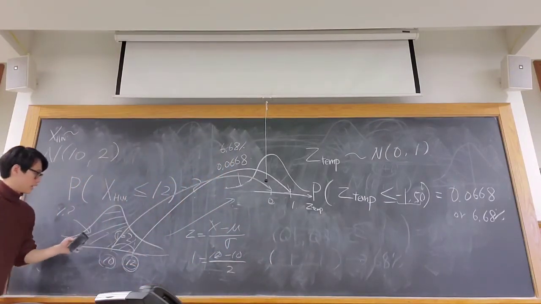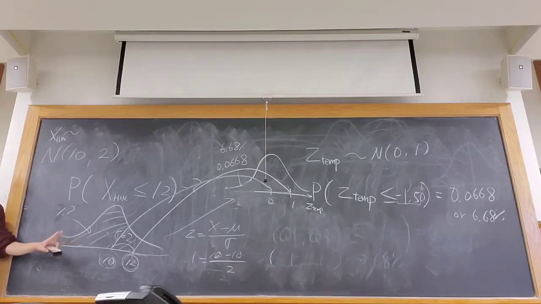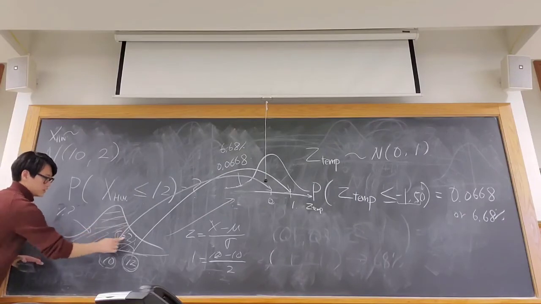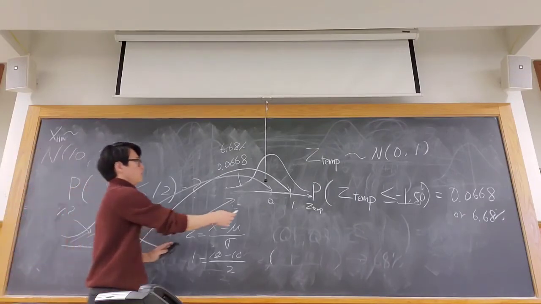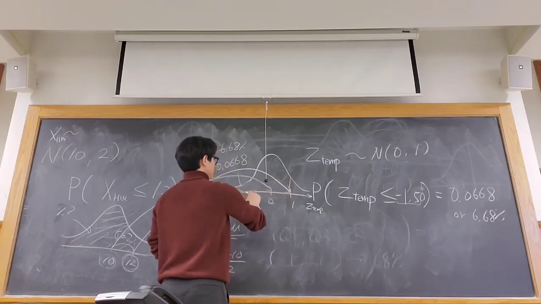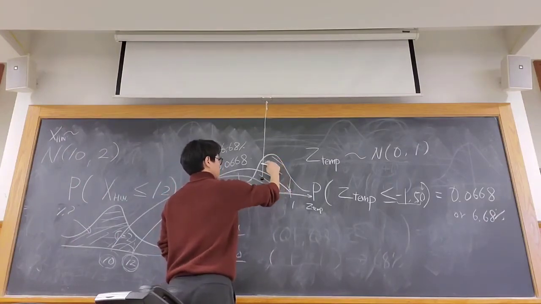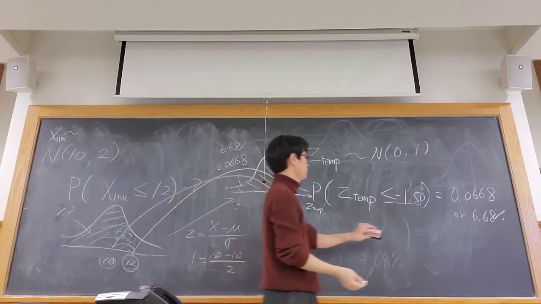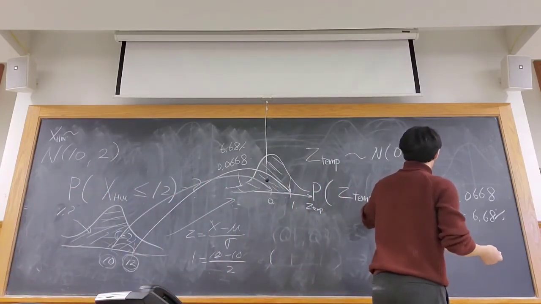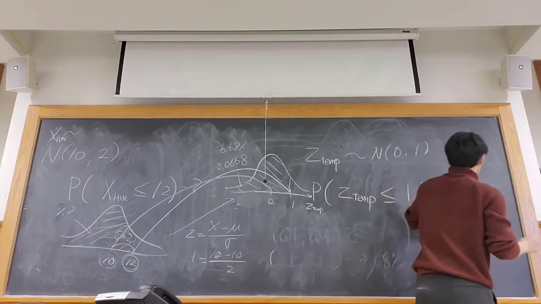Our goal is to find the probability corresponding to this area, which means this area is also converted to this area, right? So that means I can put 1 here.